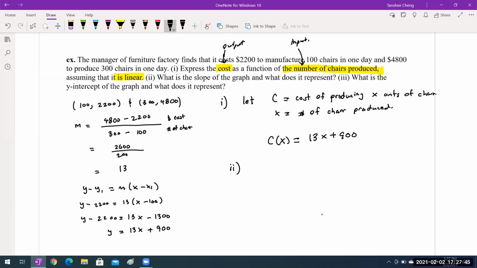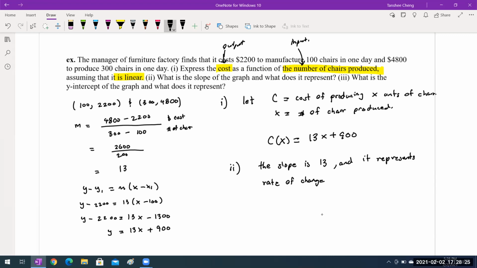Second, the question asks what the slope is, and what the slope means. So in this case, the slope is 13, and it represents the rate of change. Remember, we don't want to just talk about the slope all the time, because in an application problem, the slope is the rate of change, right?